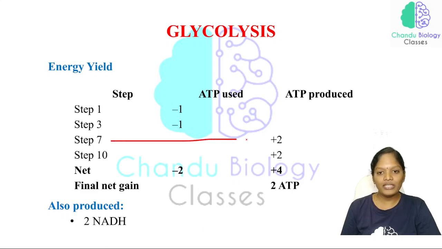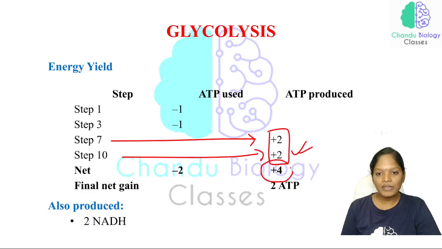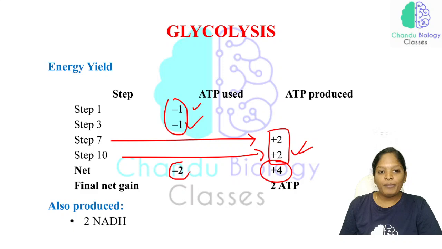So at the 7th step and in the 10th step, totally 4 ATP have been produced, and here 1 ATP and here 1 ATP have been used. So per glucose 2 ATP will be produced. As a result, 2 NADH are also produced.